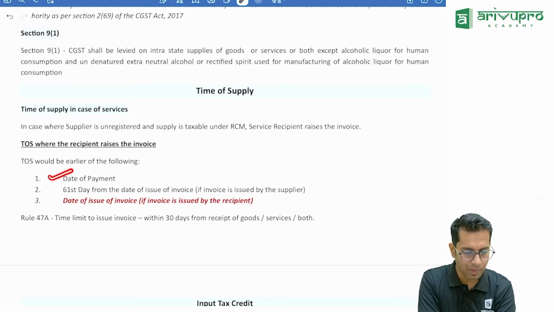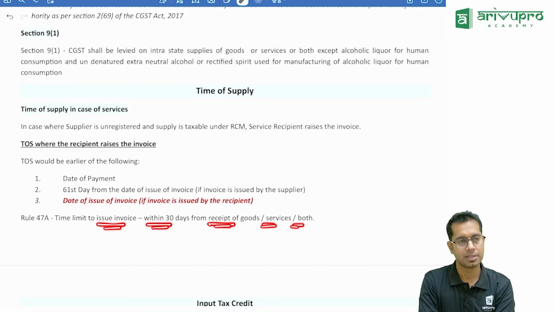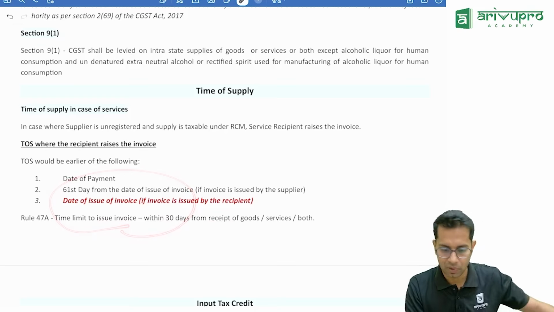Normally, we take the date of payment, or 61 days from the date of the supplier invoice or document issued by him, or the date of issue of invoice by the recipient himself. And the law says that the recipient has to issue the invoice within 30 days of receipt of goods or services. So I should issue an invoice to myself, and based on that, I can take input tax credit.